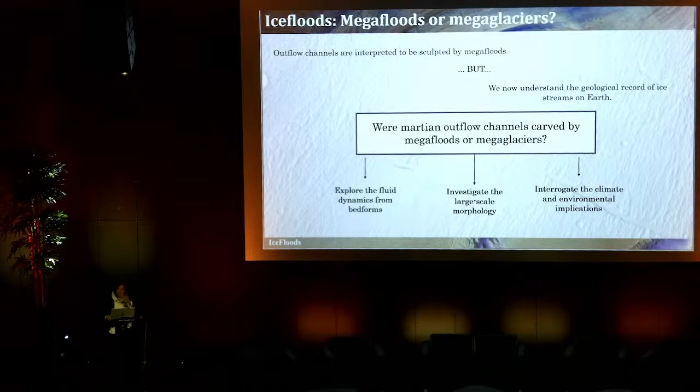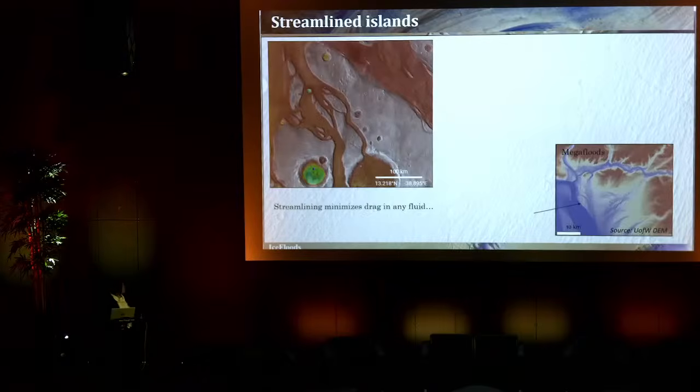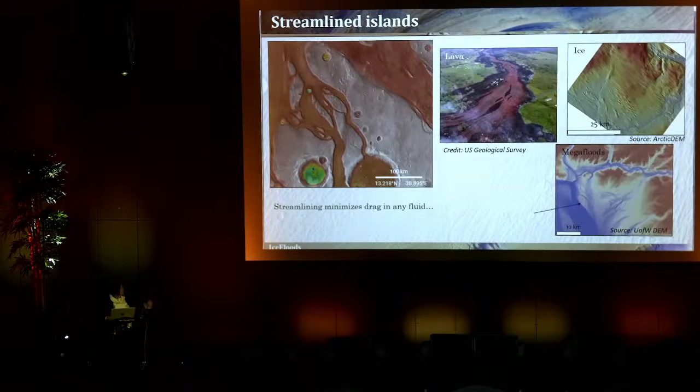A landform that has been suggested several times to be evocative of liquid water and of flooding events is streamline islands. But streamline islands are actually just the result of this being the shape that essentially minimizes drag, and they're seen in a lot of different fluids, right? So it's not a landform that's specifically telling us that there was water, and it's not a landform that's specifically telling us that there was a flood.